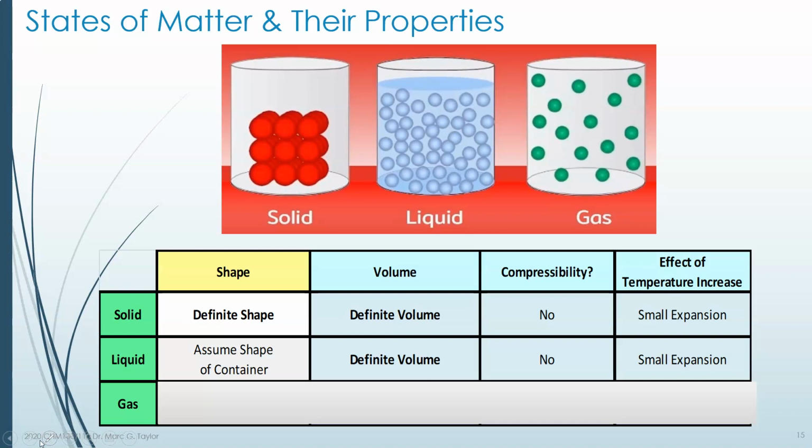However, if I open it up, the gas will fill up the entire room and will occupy the shape of the room. So a gas doesn't have any definite shape as well, just like a liquid, but it doesn't have a definite volume either. A gas will occupy whatever volume you give it. It will expand or contract to fit that volume.